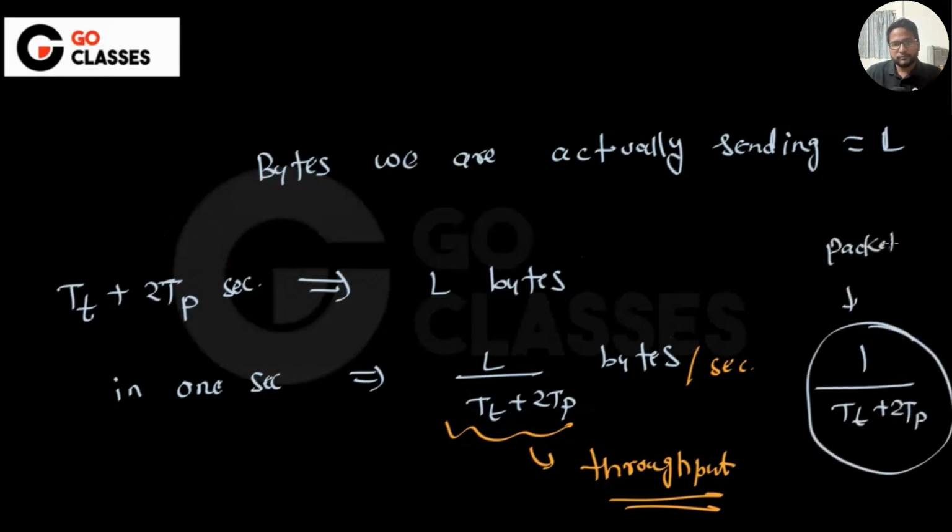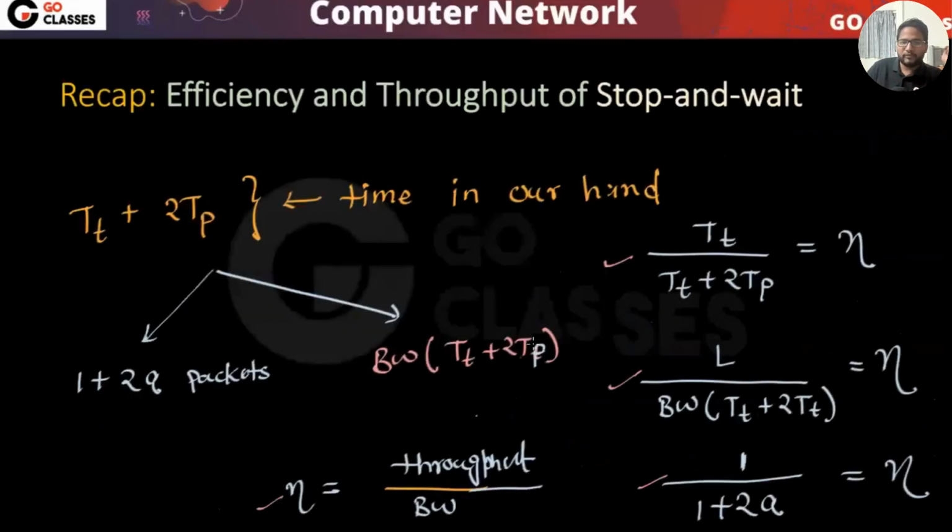Is this okay to everyone? So you are sending one packet out of this much time, and that's what we call throughput. You can have throughput in packets per second or bytes per second, anything is fine. Now let's quickly compare this throughput with the efficiency. Let's pick this one.